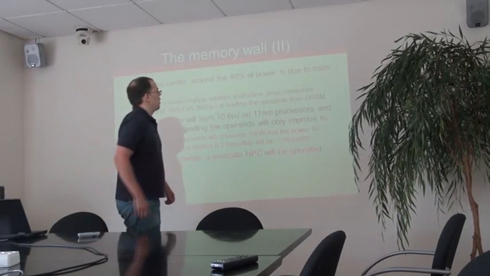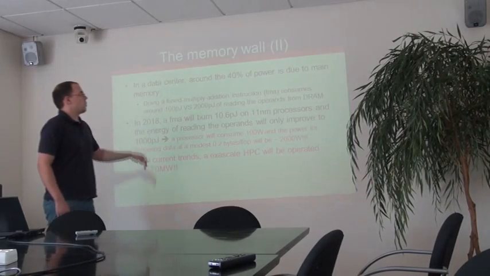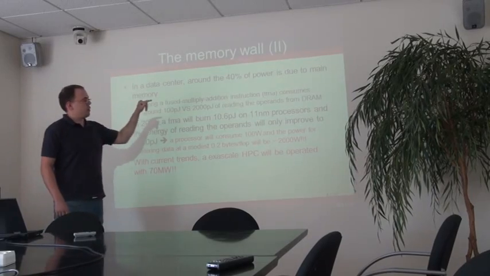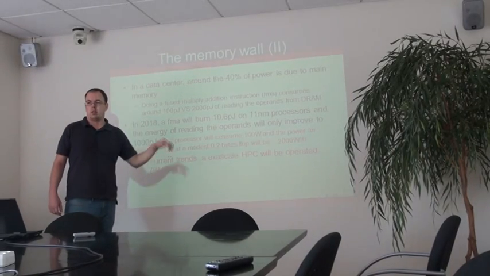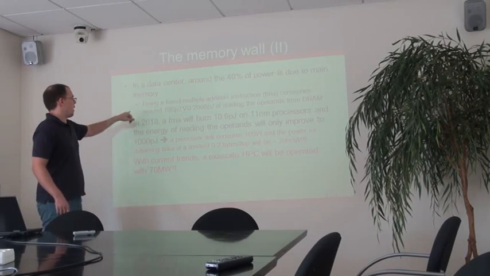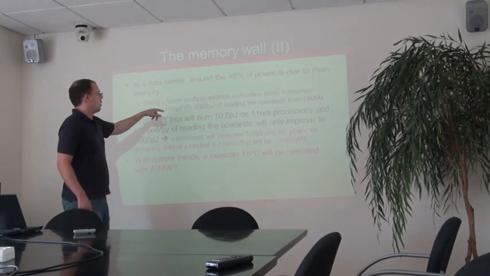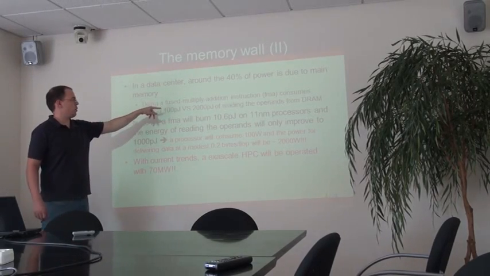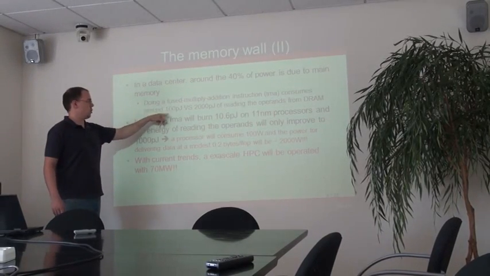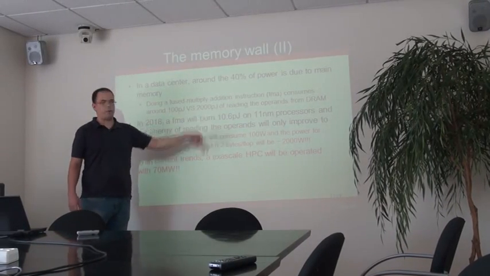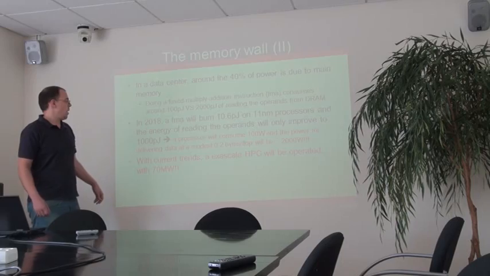Talking about power, in a current HPC center, 40% of the power budget is due only to the memory subsystem, which is a lot. For example, in a current microprocessor, doing a fused multiply-add instruction consumes 100 picojoules, versus 2000 picojoules for reading the operands from the RAM.